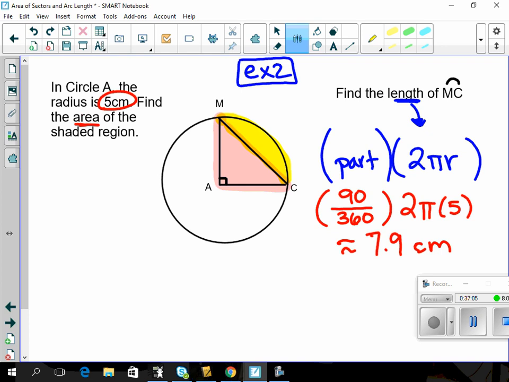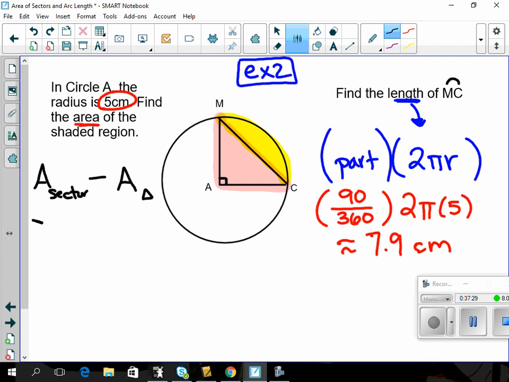So if I take the area of the sector, which is the whole thing, and I subtract the area of the triangle, like I take it out, won't I have that little sliver of yellow left? That's what we're looking for. Okay? So we need to find two things.